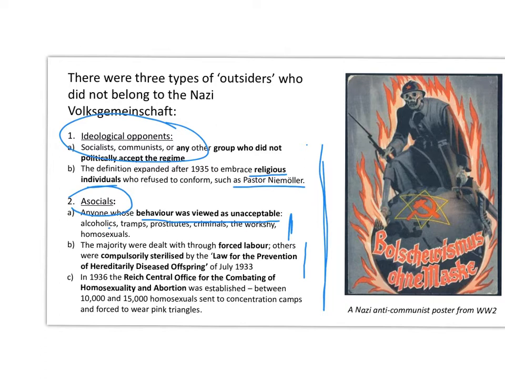If a Jew was a tramp, then they would be classed as an asocial, but there were many tramps who were not Jews. And likewise, if a Jew was a communist, and some Jews were communists, then they would fall victim for these reasons, but of course many communists were not Jews. So the spread was wider in terms of the groups that were targeted as being outside the Volksgemeinschaft.